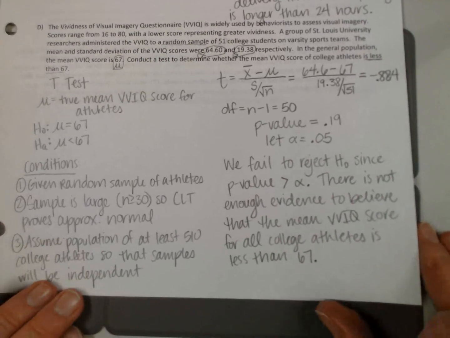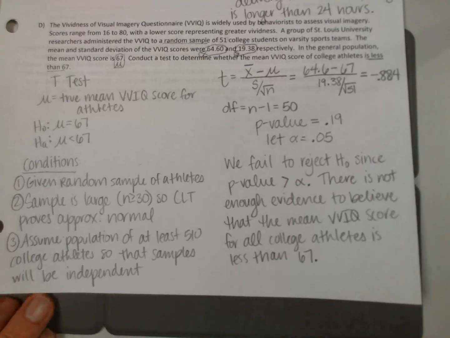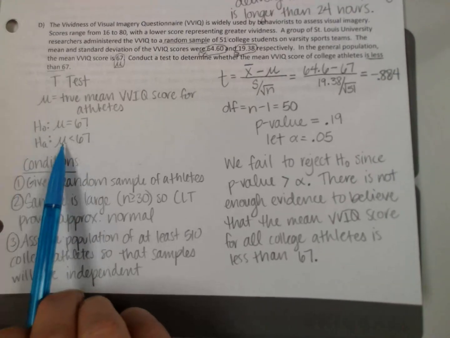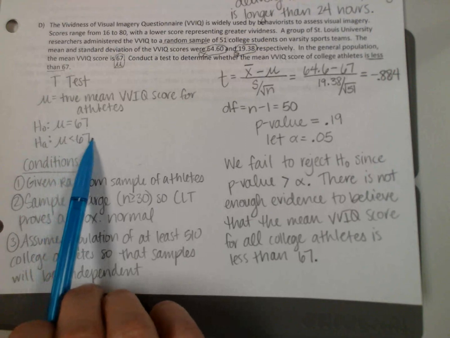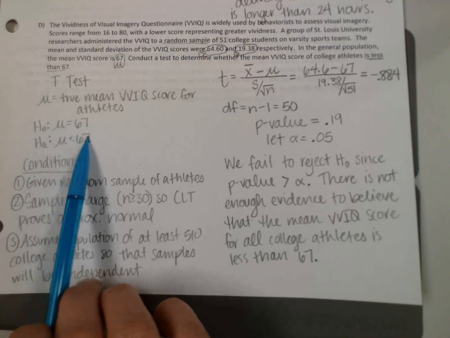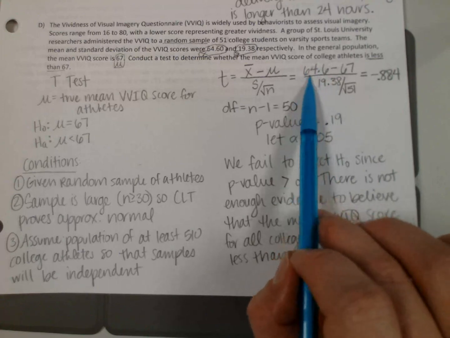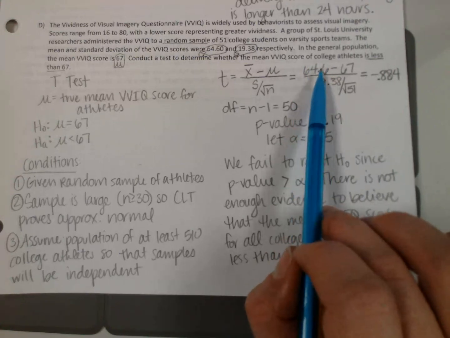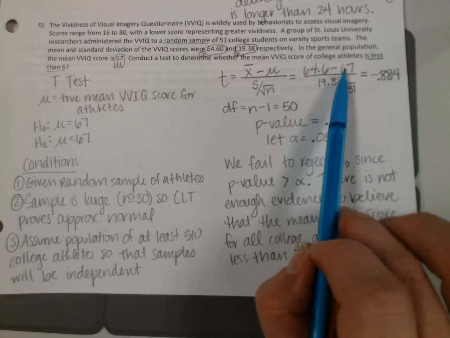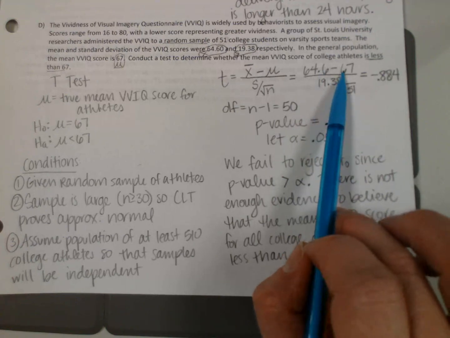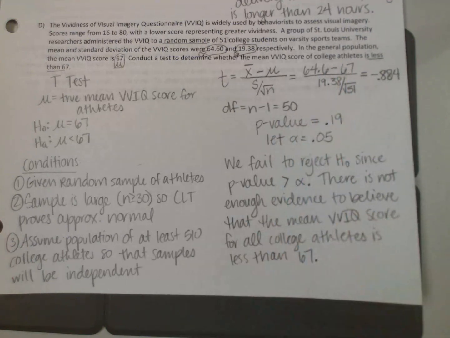Okay. So the gist of this, we were trying to prove that college athletes' score was lower than the general population. We got a sample of college athletes, and this was their average. And that average was fairly close to the national average. So we did not find enough evidence to say that they for sure are lower than the national average.